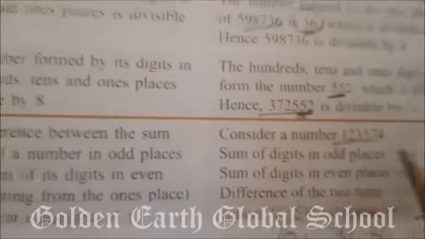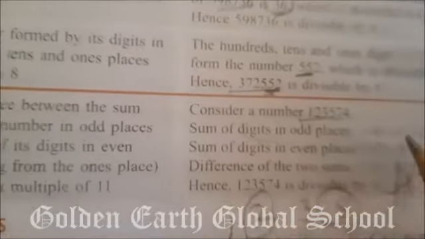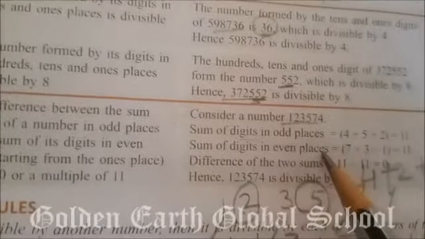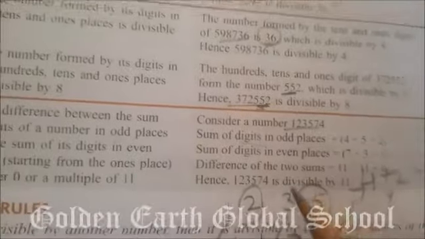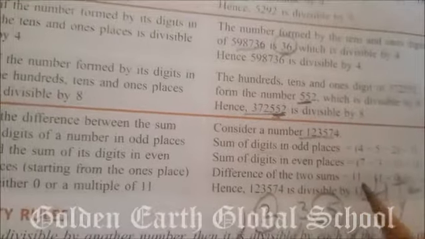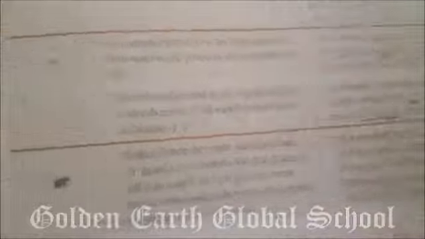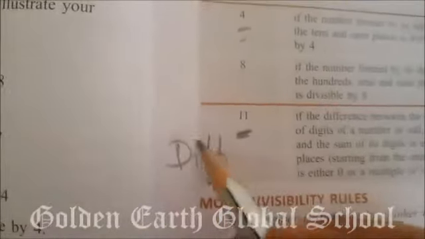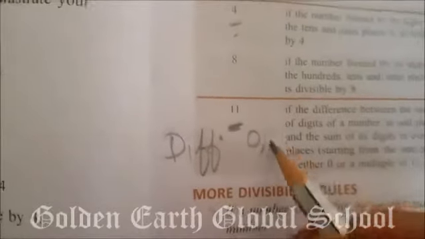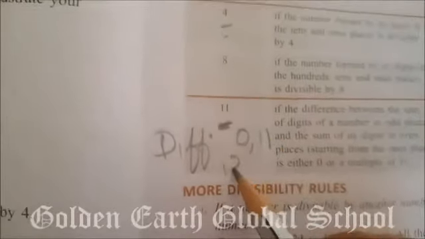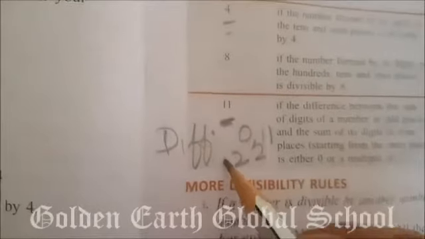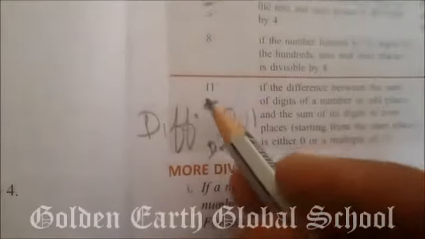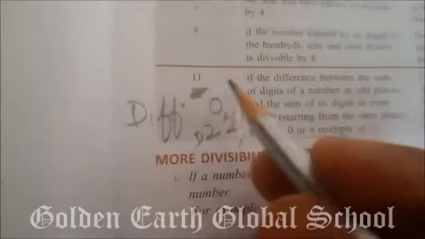The sum of digits in odd places is 11, and the sum of digits in even places is 11. So the difference of the two numbers is 11 minus 11, which is 0. If the difference is 0, 11, 22, meaning a multiple of 11, then the number is divisible by 11.